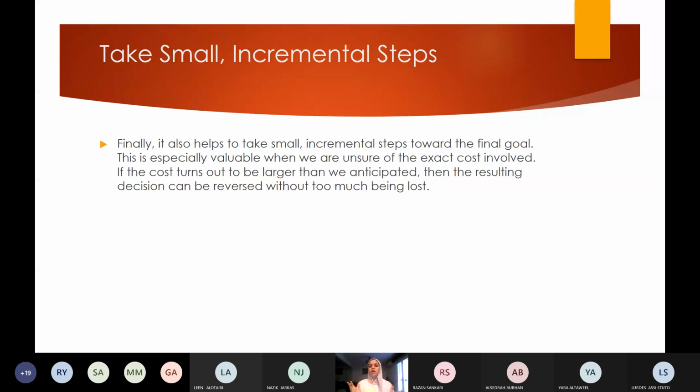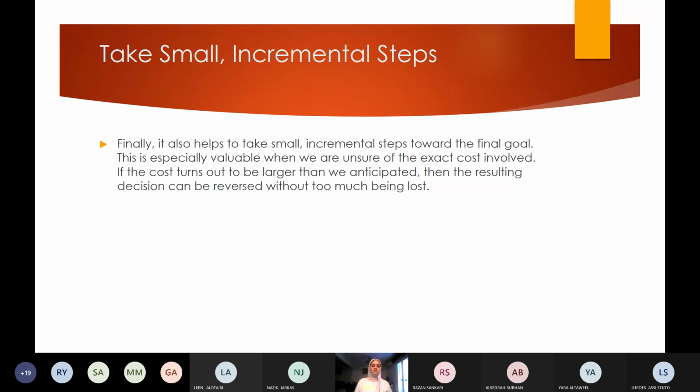Because what will happen if the cost increased? We will withdraw. We will say, no, no, no, we'll not travel. So we didn't book the tickets. We have to be smart in taking actions and calculate it. Maybe the cost will be more than we can afford, so we cancel the trip.